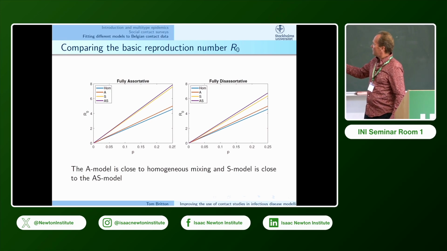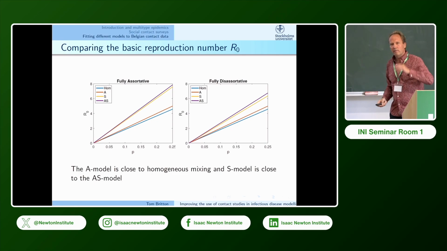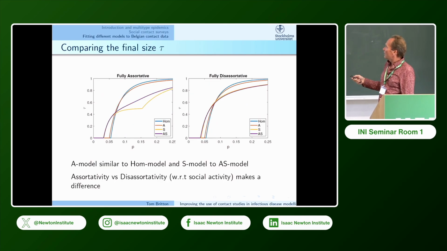You see that you get a higher R0, as I said, if you add age. But the big difference is when you admit that there is social heterogeneity, whether you acknowledge the age groups or not. Here is for the final size, looking similar. So the homogeneous and the A model are similar, and the social activity group. This is an artifact of the fact that we only have 2 age groups.